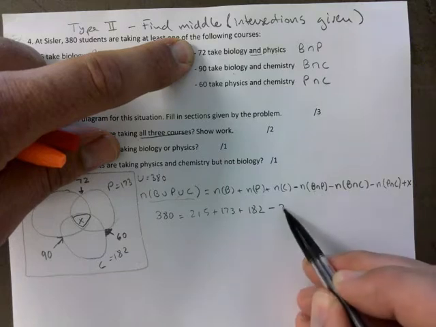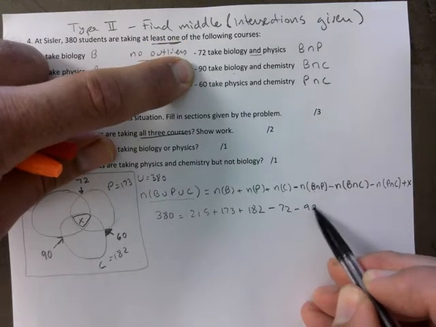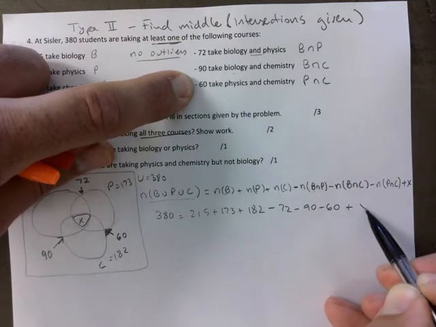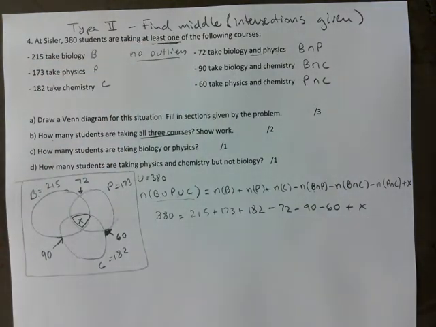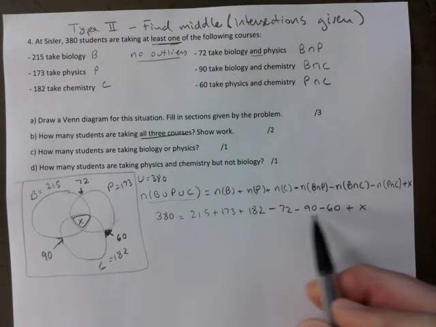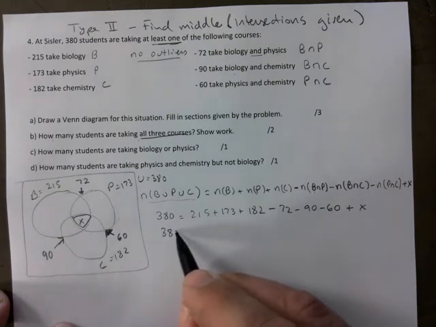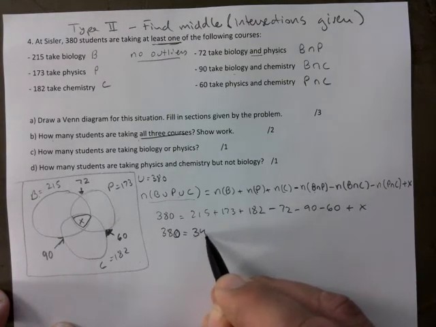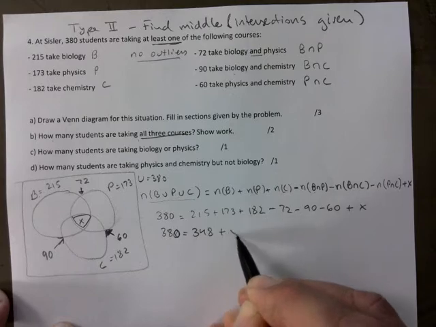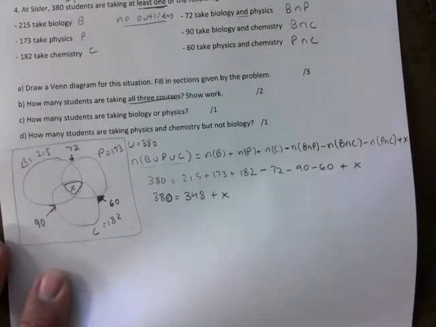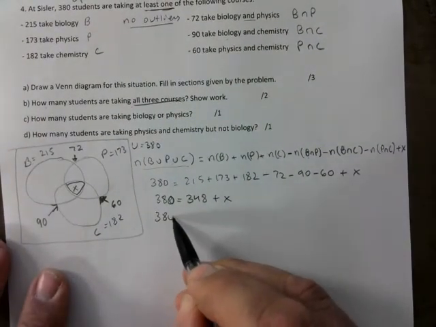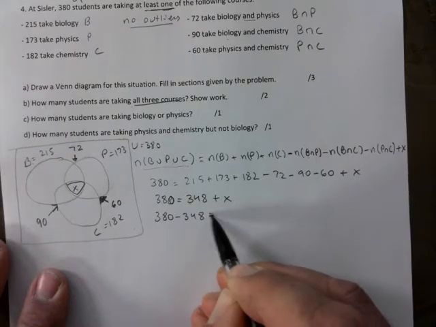B and P is 72 minus 90 minus 60 plus X. At this point, you know what to do, right? Now it's just clean it up. So I'm going to add and subtract as needed here. You get 348. So 380 is equal to 348 plus X. And then you have 380 minus 348 is equal to X.